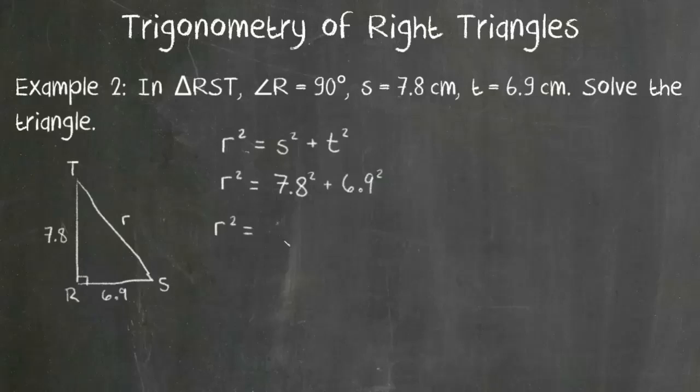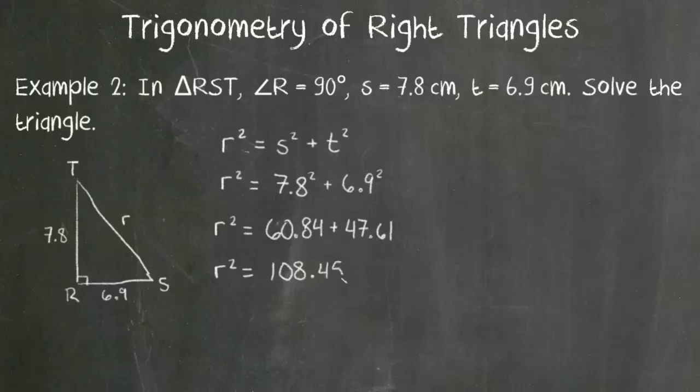So 7.8 squared gives us a value of 60.84, and then 6.9 squared gives us a value of 47.61. We can add those together, and we get R squared equals 108.45.